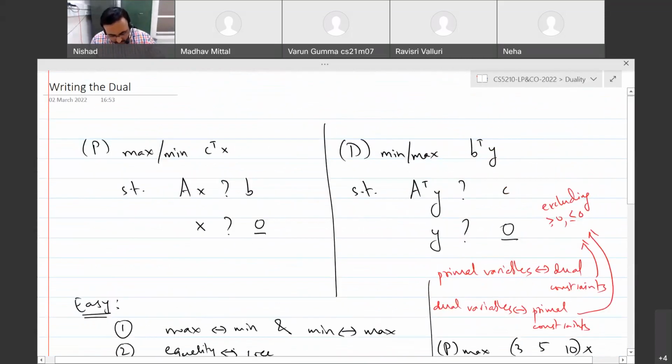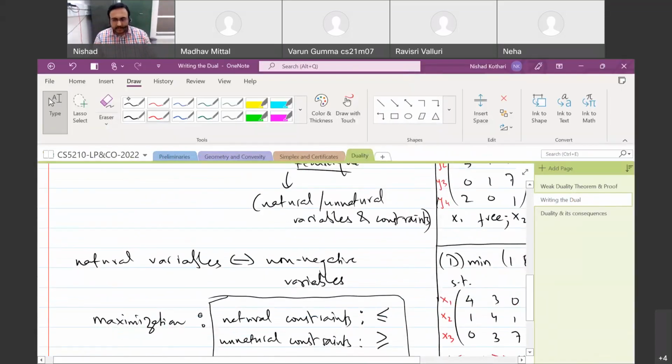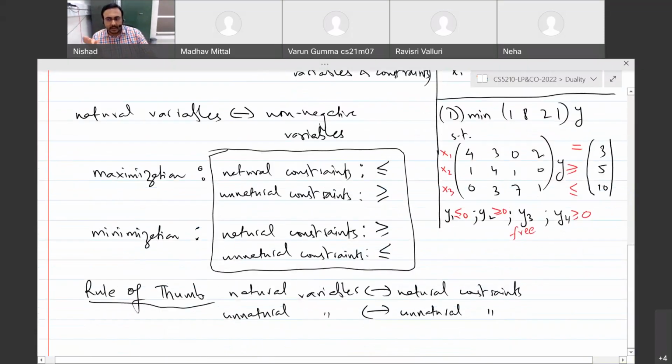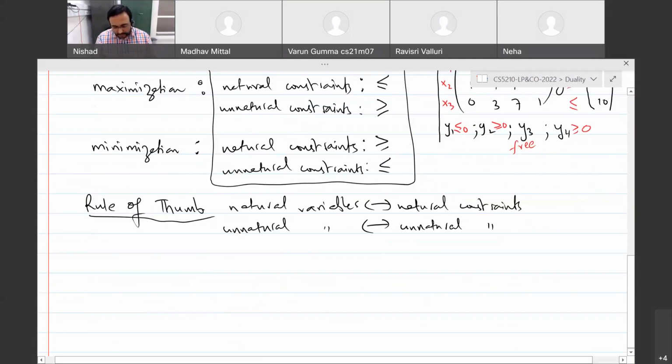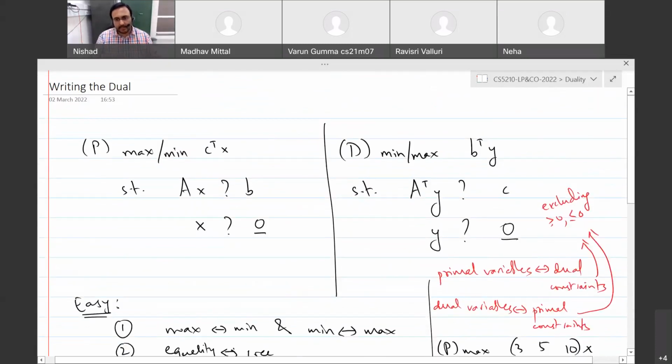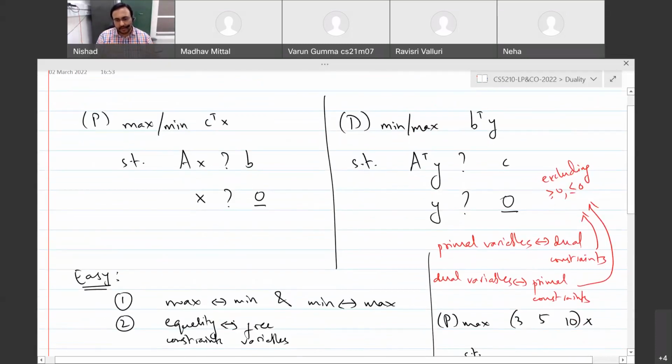So as I said, in this course, we are not going to be that concerned with arbitrary linear programs because we are going to look at specific combinatorial optimization problems. And so you will have some structure in the linear program. It won't have all kinds of constraints and all kinds of variables. So when it comes to proving theorems, weak duality, strong duality, etc., we are going to focus on certain special forms like the standard equality form, etc.